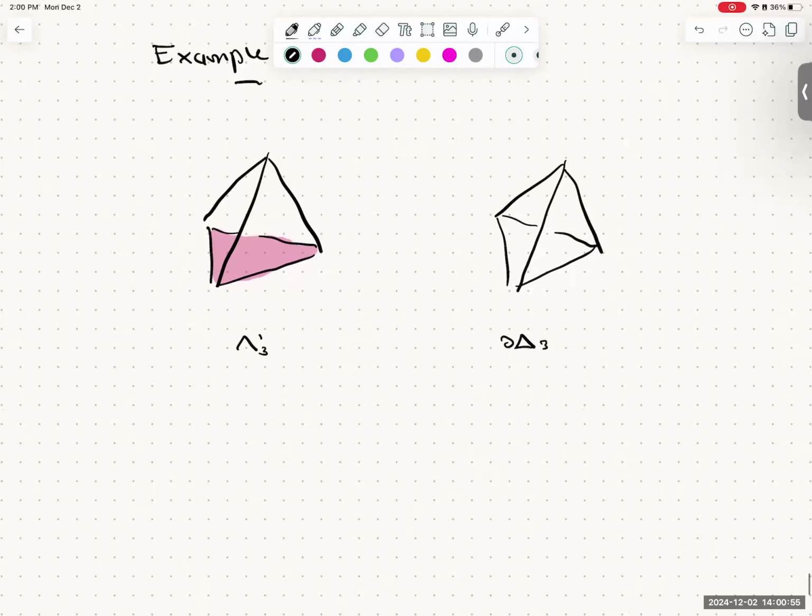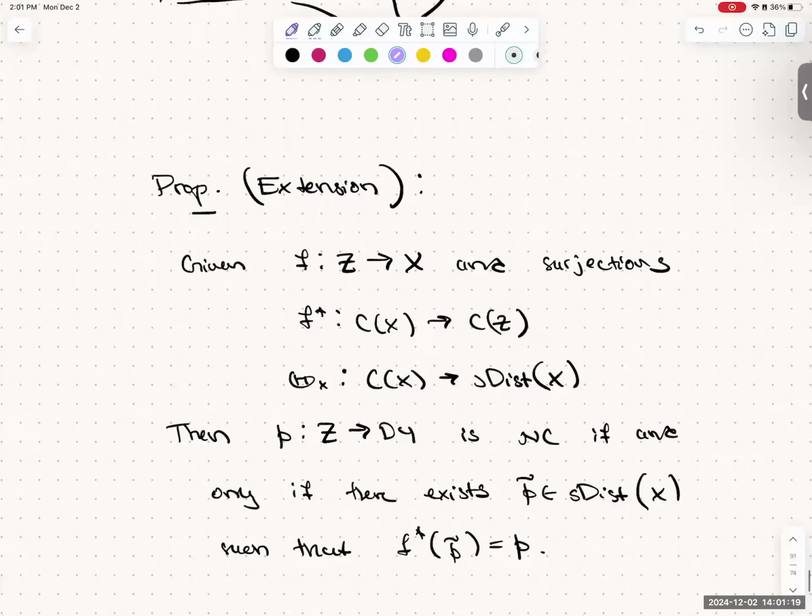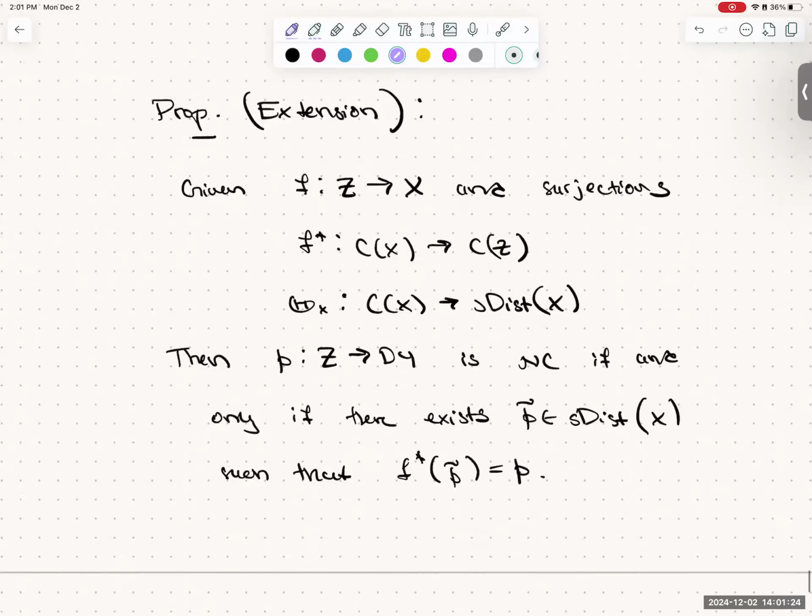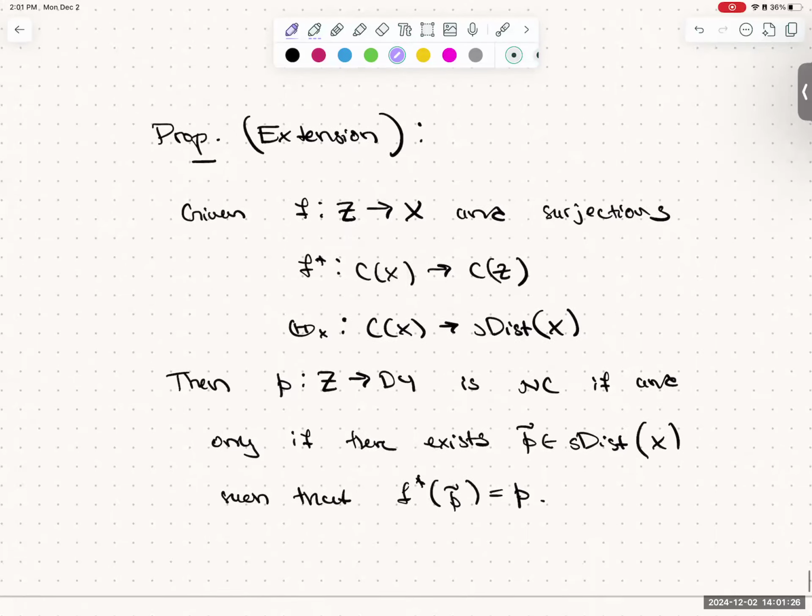When we look at this, we see that the outcome maps are determined by triples of bits. If I choose an A, B, C here, it determines all the other outcomes on the other edges. The same thing also holds true for this. So the first condition here is satisfied: C of X and C of Z are going to be surjections.